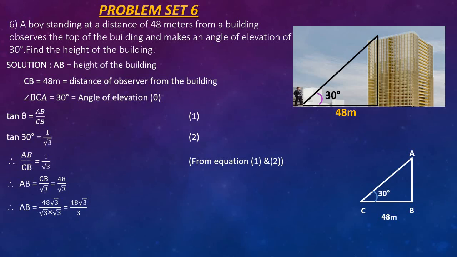So AB is equal to 48 into root 3 upon root 3 into root 3, which is 48 root 3 upon 3. Therefore AB is equal to 16 root 3. Hence the height of the building is 16 root 3 meters.